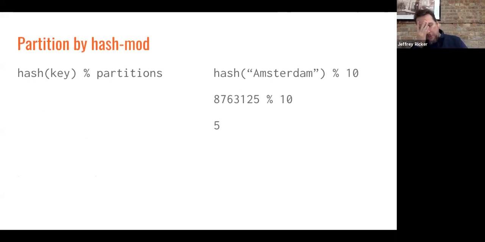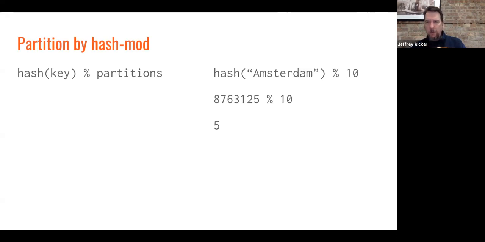And so when we talk about partitioning on a key, how do we do that? I talked about the range of keys and round robining and sourcing and partitioning by key.